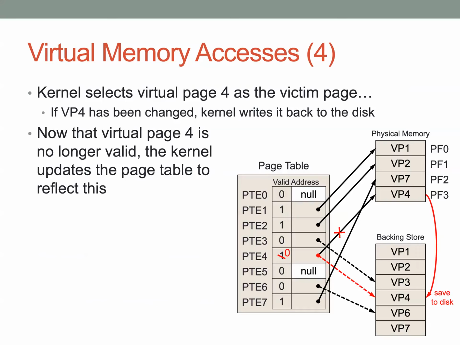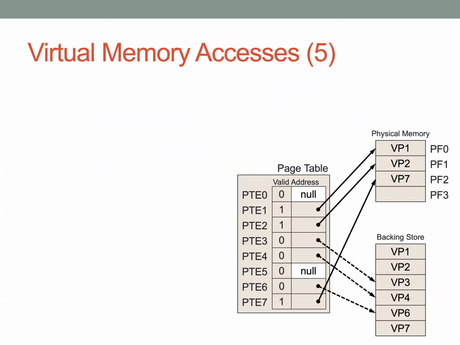So it goes in and it sets the valid bit to 0. And if the kernel uses the rest of the page table entry to store where the page is stored in the backing store, it'll update that as well. So you can see that represented on the slide. The arrow is pointed down to the location on the backing store, and the valid bit is set to 0. Subsequent accesses to virtual page 4 will generate a fault.